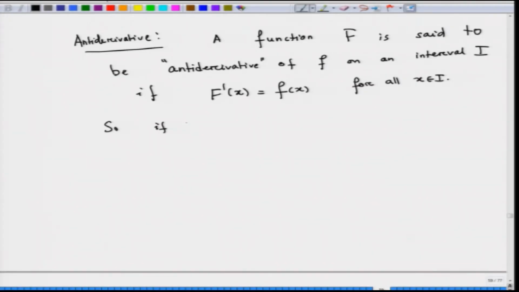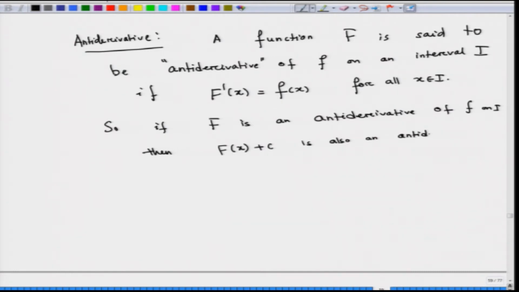Now, we know that the derivative of a constant function on an interval is always 0. So, if F is an antiderivative of f, then F of x plus c on I is also an antiderivative of f on I for a constant c, because if I take F of x plus c and take its derivative, this is going to be F prime of x, and we are assuming that capital F is an antiderivative of f.